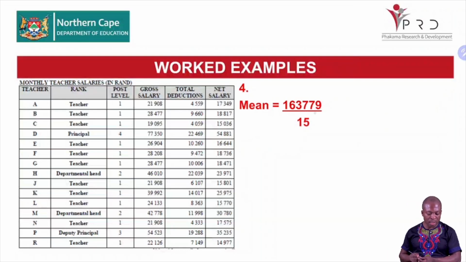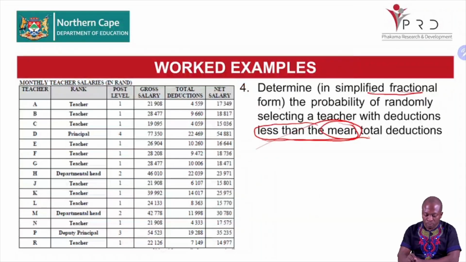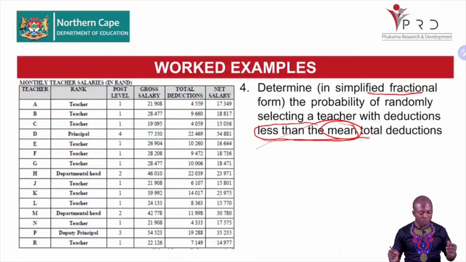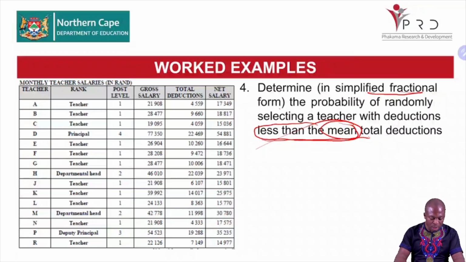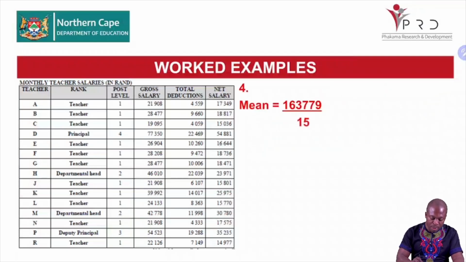163,777. Maybe you are asking yourself, where are you getting these values from? I want to go back quickly so that you see what I'm talking about. Determine in simplified fractional form the probability of selecting a teacher with deductions less than the mean total deductions. So we are looking for the mean total deductions, and the mean total deductions we have been given as 163,779 divided by 15.